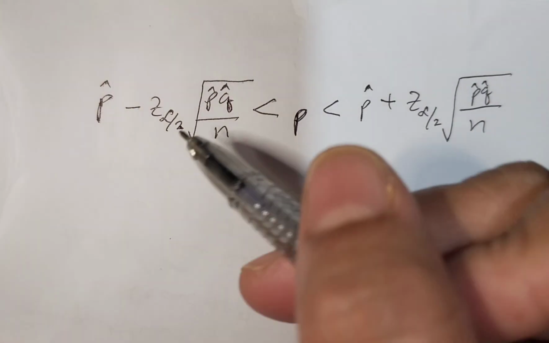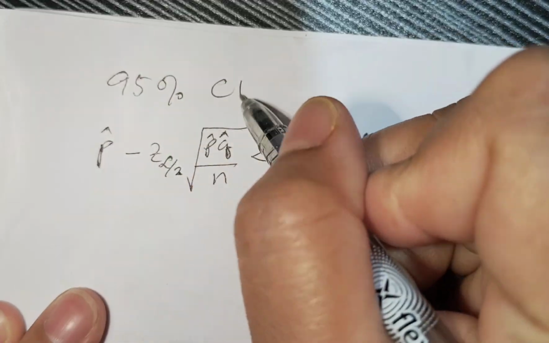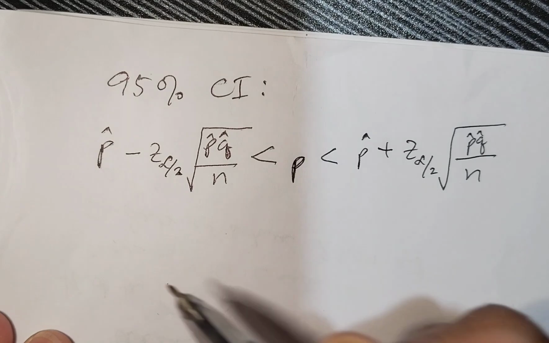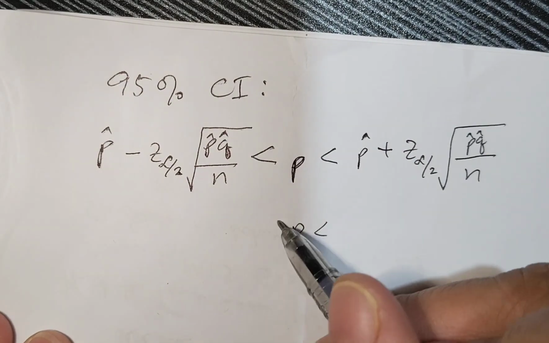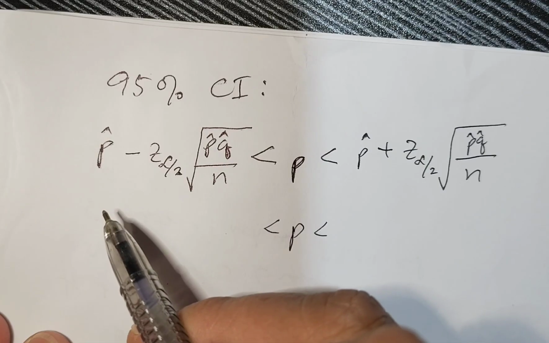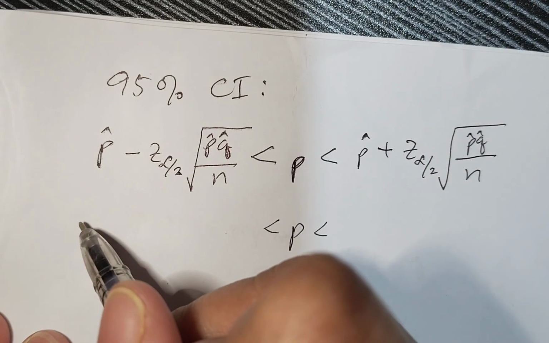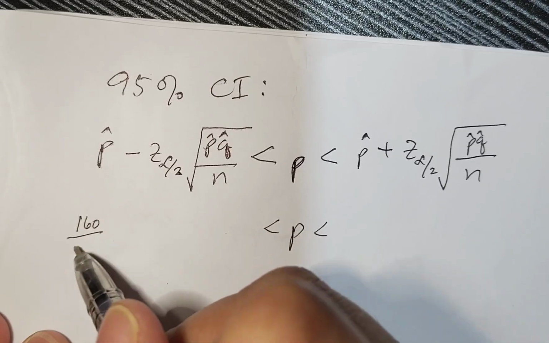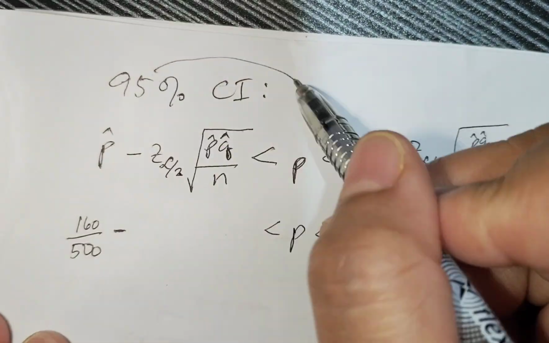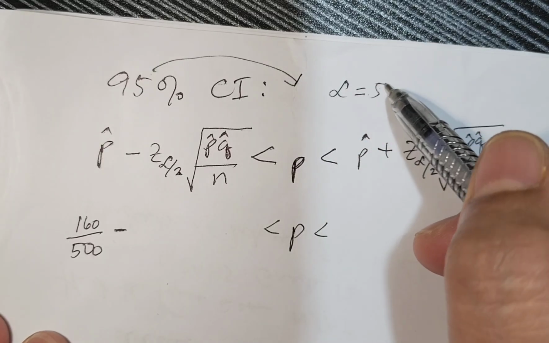Now what we want is the 95% confidence interval. So what is our P hat in the problem? There are 160 who preferred seafoods over a random sample of 500. So our P hat is 160 over 500, minus, for this 95% confidence interval, our alpha is equivalent to 5%.